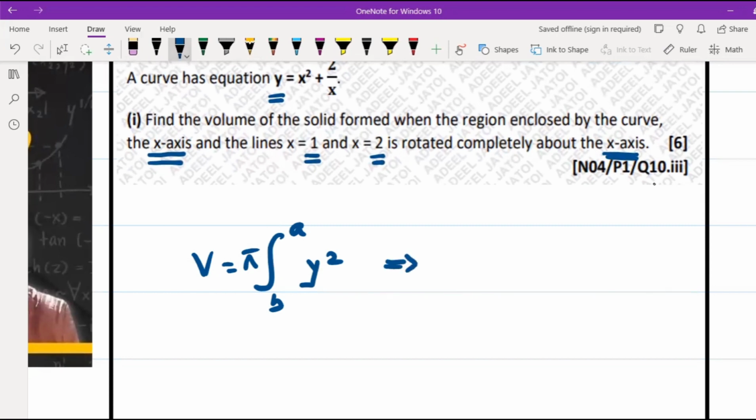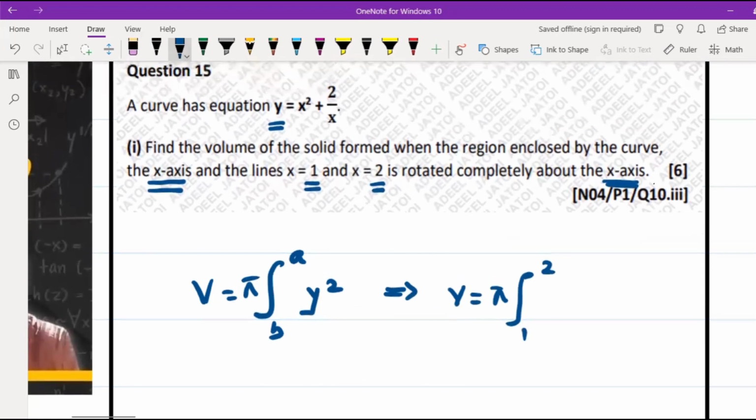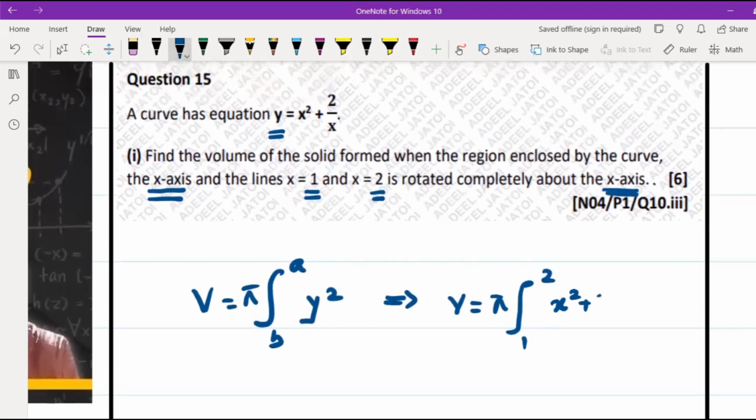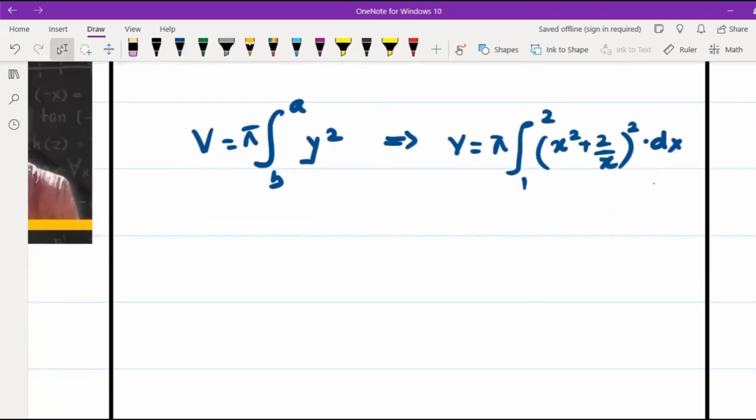So in this regard, what we need to do is volume is equal to pi, your upper limit is 2, lower limit is 1, and your y is basically (x square plus 2 upon x) whole square, dx. To open this, you need to understand one particular thing, and that is that this will be opened as (a plus b) whole square, which means a square plus 2ab plus b square will be used in this.